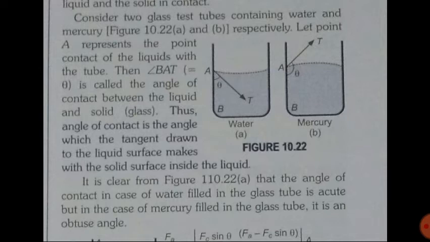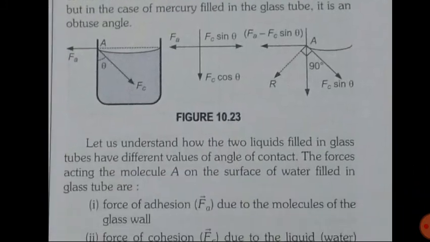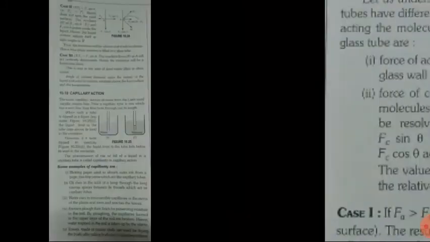I hope now you all have understood angle of contact and its relation with surface shape and with adhesive and cohesive force. When the adhesive force is less than cohesive force, the surface has a convex shape and the angle of contact is also more than 90 degrees.